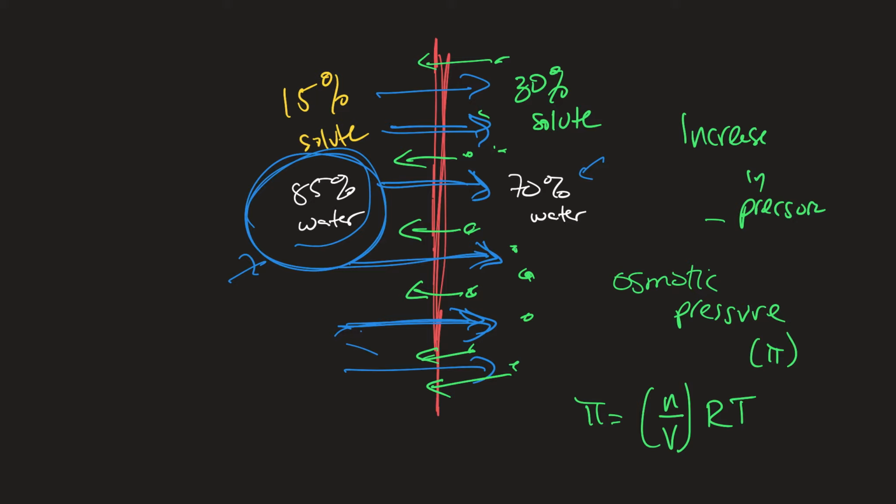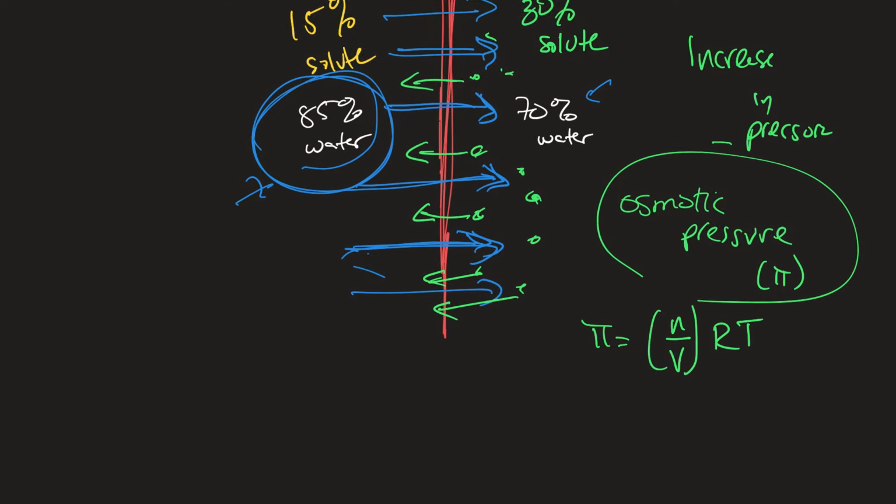And so this is basically a derivative of the ideal gas law equation. All right. And so osmotic pressure is also a colligative property. So this simply means that it doesn't matter what substance it is or the identity of the solute, but what matters is the concentration of the solute that affects the pressure.